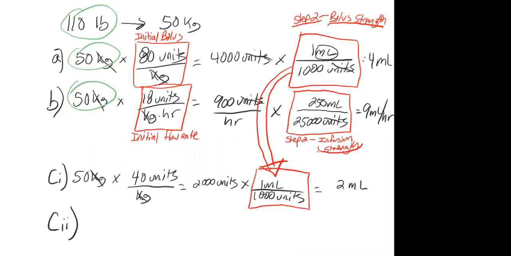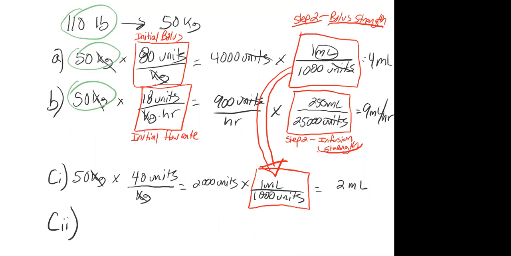All right. Now, C2 says to calculate the new infusion rate. Step 12 of the protocol tells us to increase the rate by 2 units per kilogram per hour. What was our original units per kilogram per hour? The original from the start?